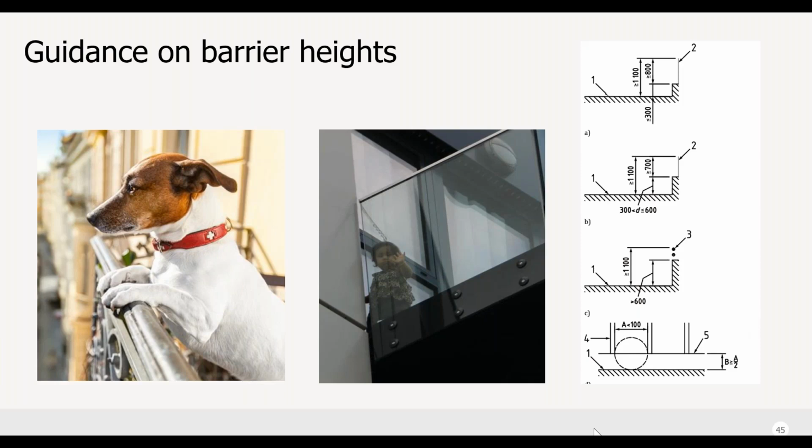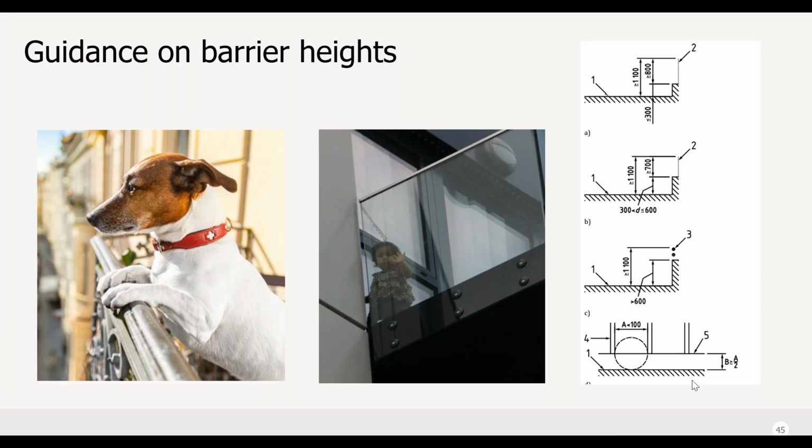So that's clarified. It also gives recommendations for the need for a small plinth where you've got a vertical bar balustrading. It's not something that's been defined before, but it gives guidance as to how to calculate the minimum height of that kicker plate adjacent to the balustrading.